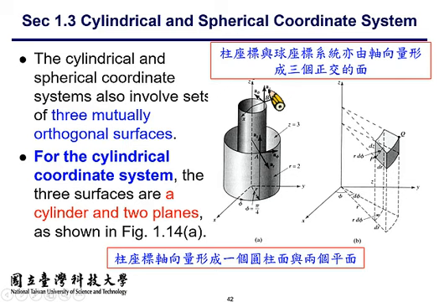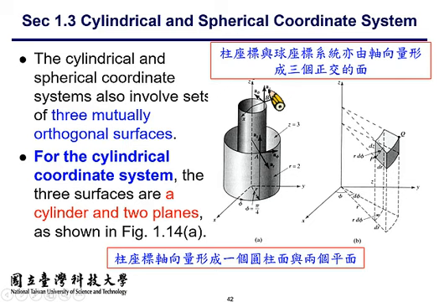So if you want to describe the size of that volume, that will be dr times r d phi times dz. That's the differential volume in the cylindrical coordinate system. Let me write up the differential volume for the spherical coordinate system.